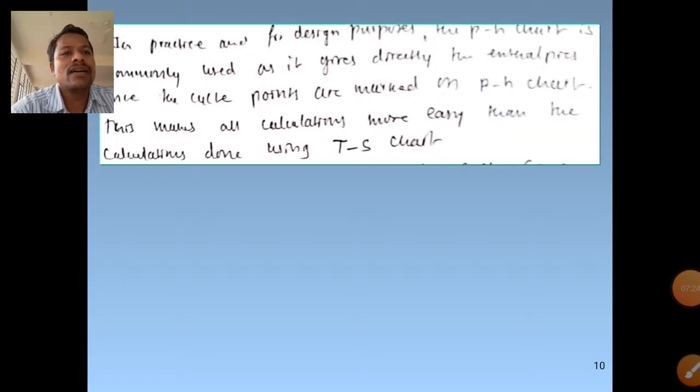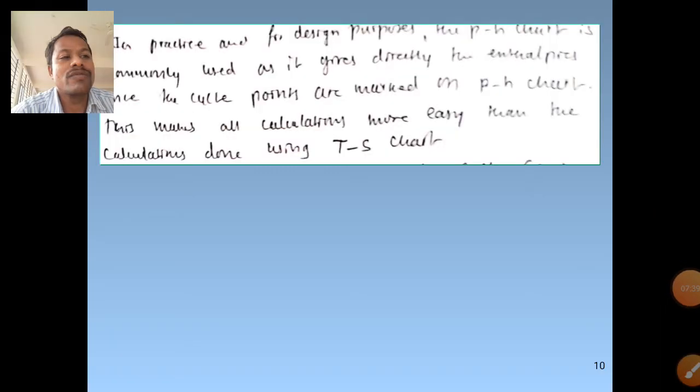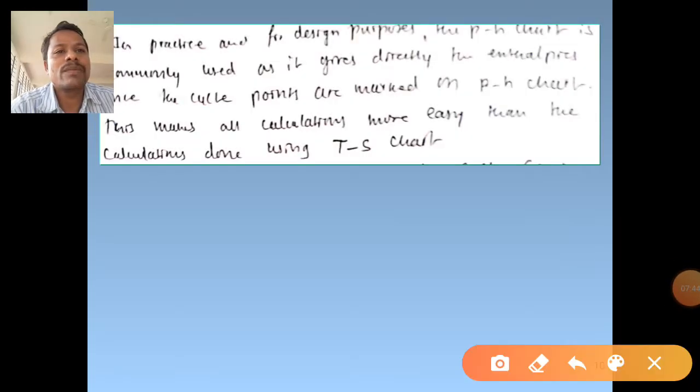Then again the cycle points we can directly mark on the pH chart and get the corresponding enthalpy values. See here, this makes our design calculations very easy, so that we are able to get the enthalpy values directly.